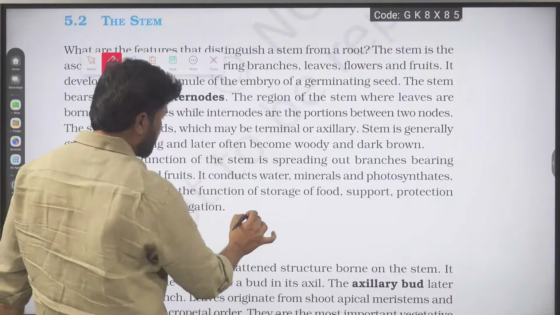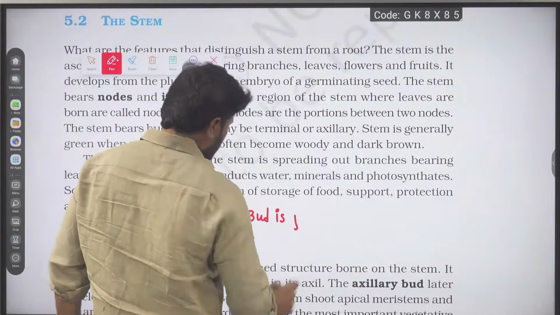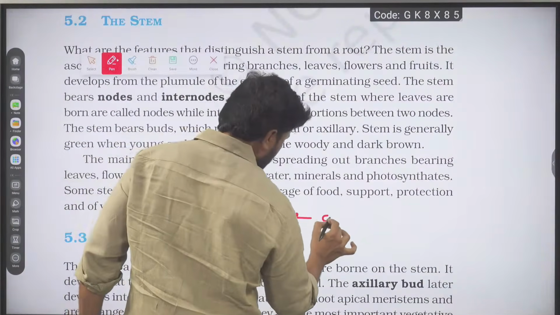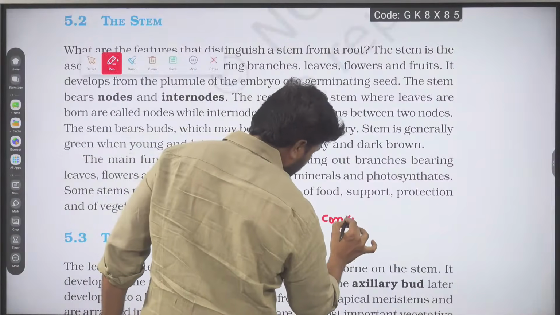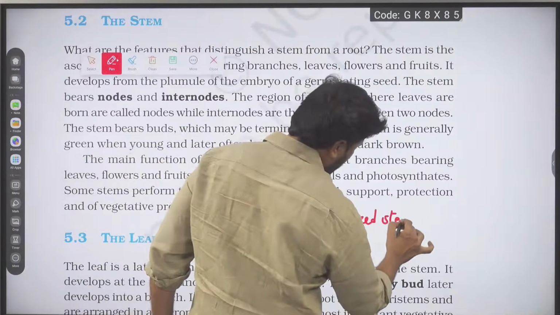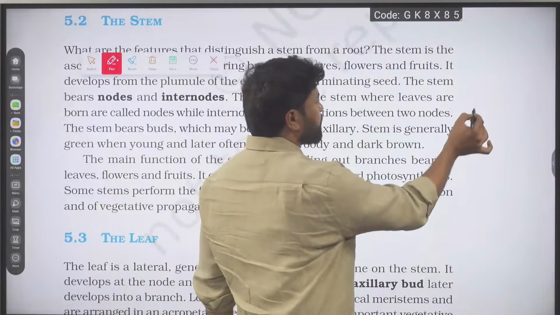Think about it. Bud is nothing but a concised stem. What do you mean by this? Think about it, there is a stem.